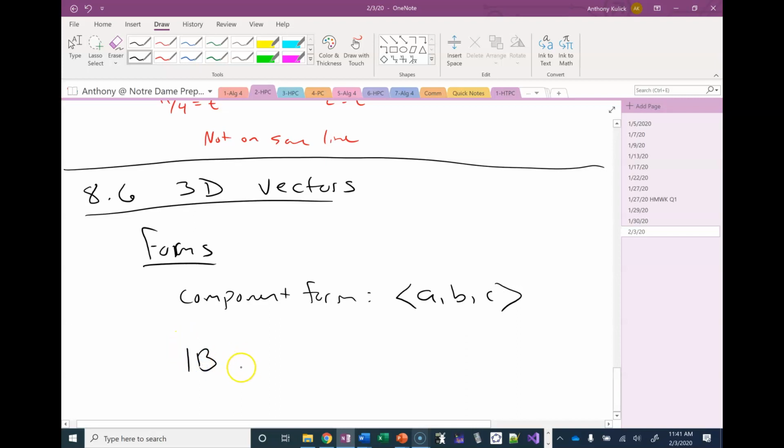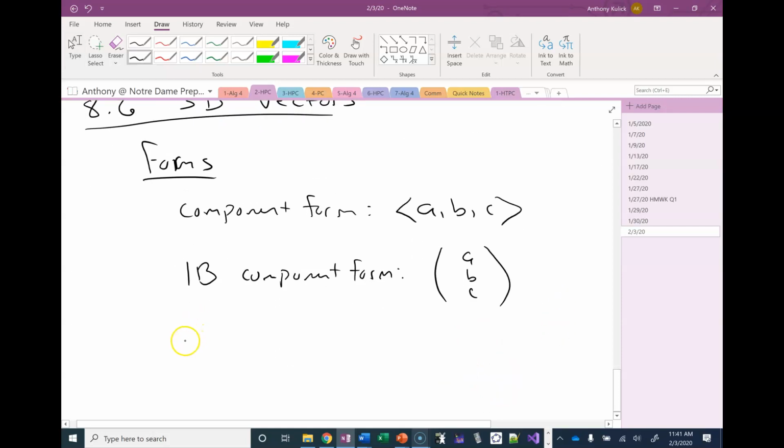The same is true for the ij component form, just instead of writing it as a row vector, we write it as a column vector. And then there's a linear combination form.